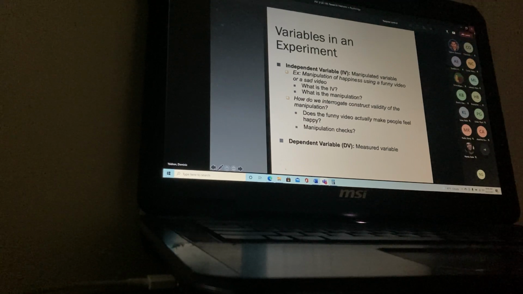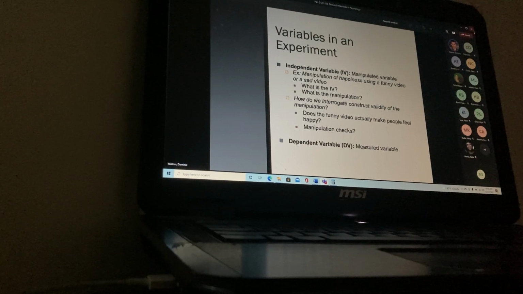When we're using an experimental design, we're discussing our independent and our dependent variables, much like we do with any design. So our independent variable being the predictor, dependent variable being the outcome. But when we're doing an experiment, the independent variable has to have at least one manipulation.